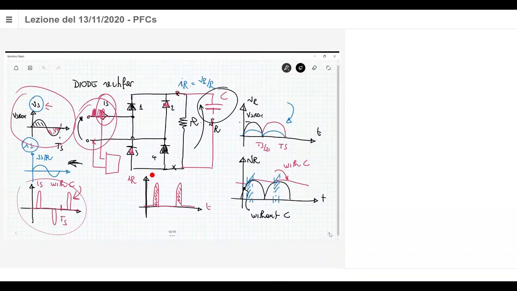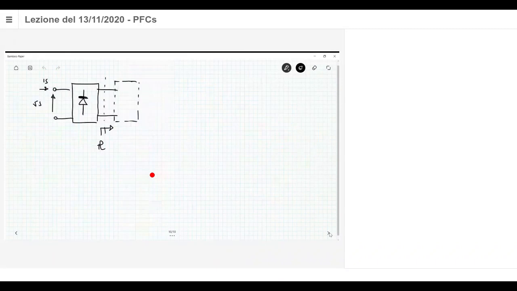So the first thing that I can do, to succeed in this design without having too many harmonics absorbed from the supply, is to avoid the filter capacitance.